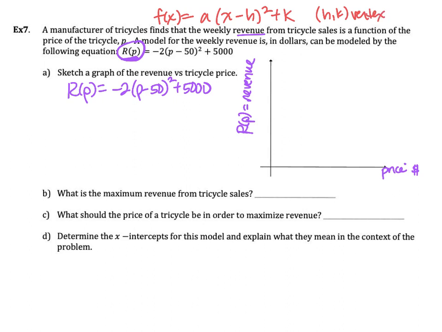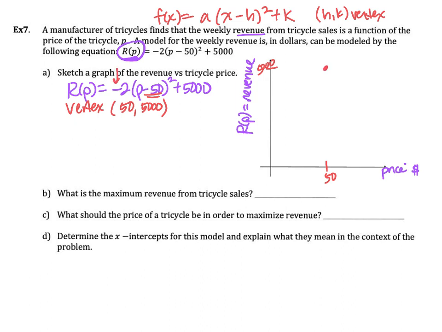It's just a quadratic equation in vertex form. So my vertex is (50, 5,000). I take the opposite of negative 50, so it goes to the right 50. So I'm just going to plot a 50 there. And then it goes up 5,000, so I'm going to put a 5,000 there. So that's the highest it possibly goes.